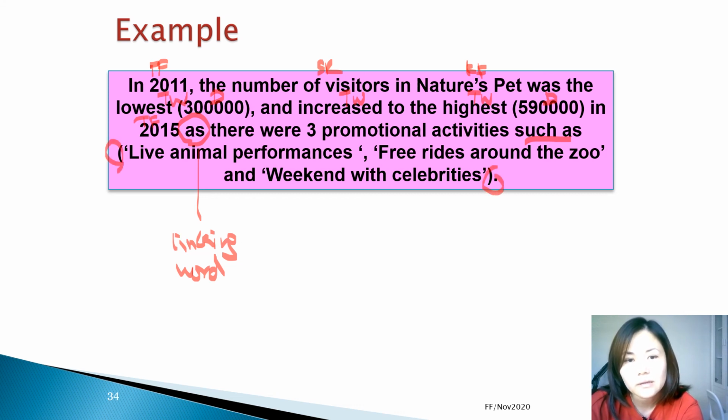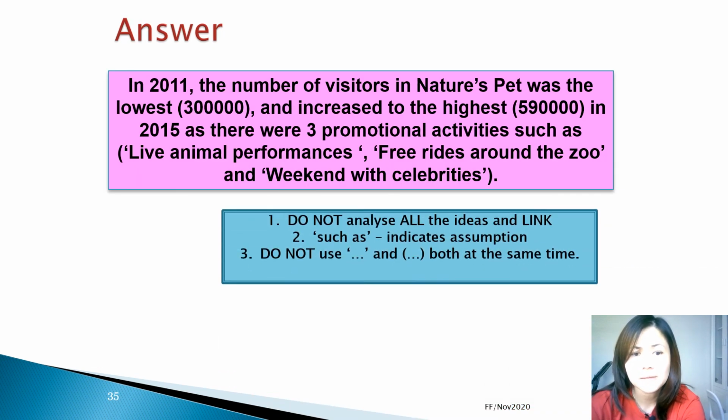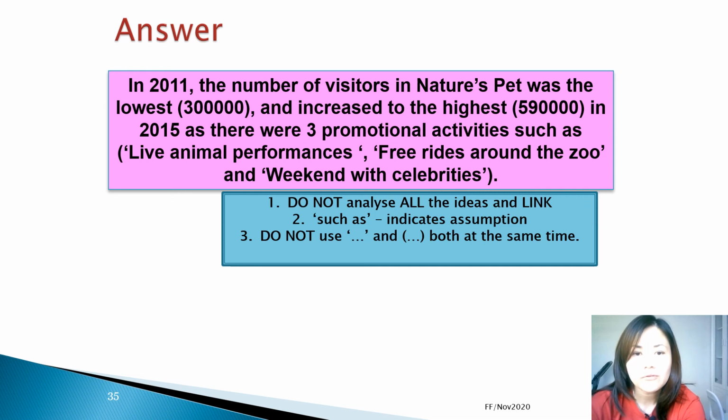Right, in this sentence, although it might look like you are scoring for the analysis and you hit the synthesis correctly, but please take note. There are mistakes in the sentence. The first mistake is when you analyze the movement trend, increase.